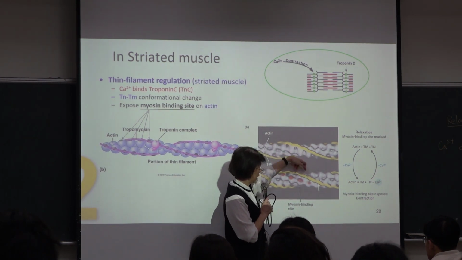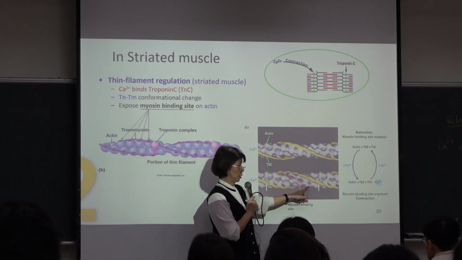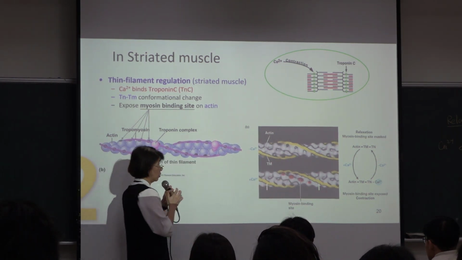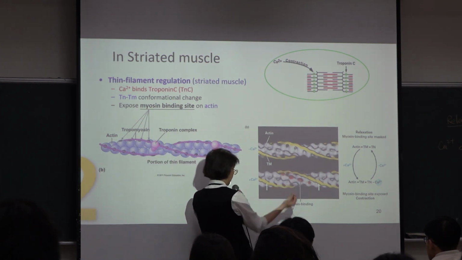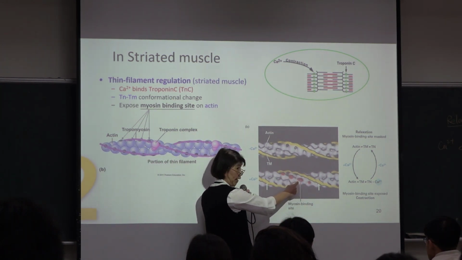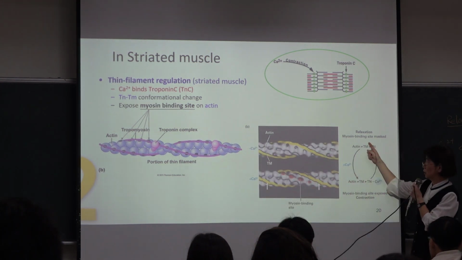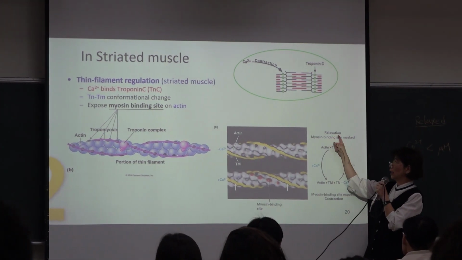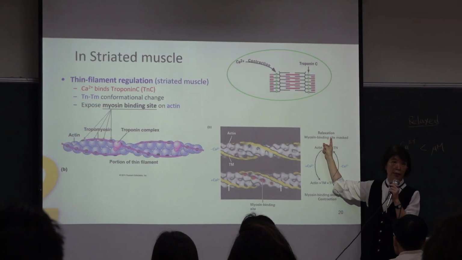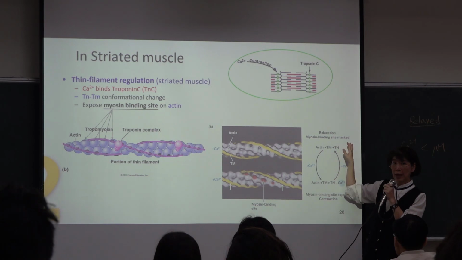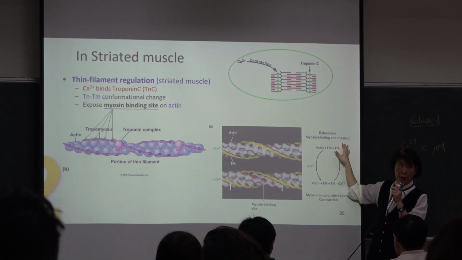Moves to the side. Therefore, it exposes the myosin binding site on actin. So now myosin can interact with this actin. Okay? So here's another scheme to show you. In the relaxed, resting muscle, myosin binding site is masked by tropomyosin.